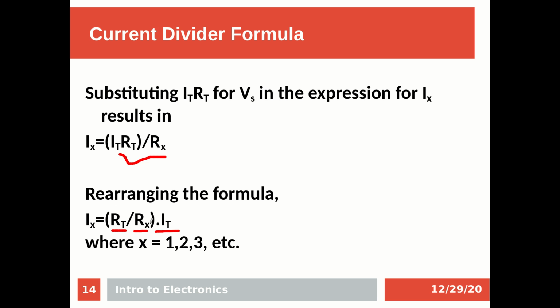So here it's reversed. If you remember the formula for the voltage divider, you see Rx, the target resistor, over the R total. Here it's the reverse, multiplied by the total current from outside.